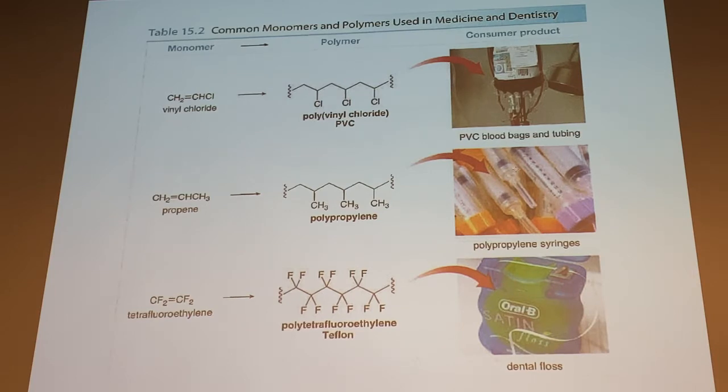Polypropylene, and I've brought some examples to remind you of this type of stuff. Syringes and other types of tubing materials. They're a little bit more rigid materials. Then we have polytetrafluoroethylene, or PTFE. Teflon is the common name for it. Teflon is neither hydrophilic nor hydrophobic. It repels everything, actually. Most polymers are hydrophobic.